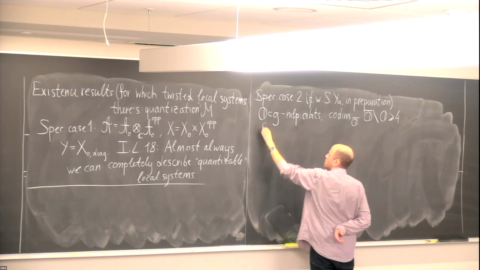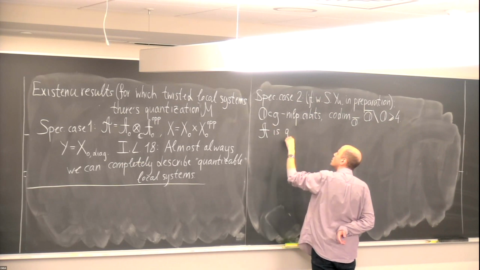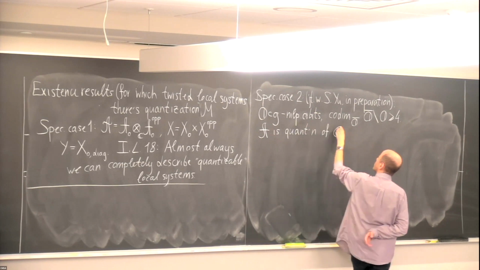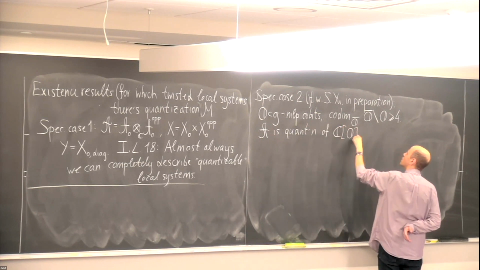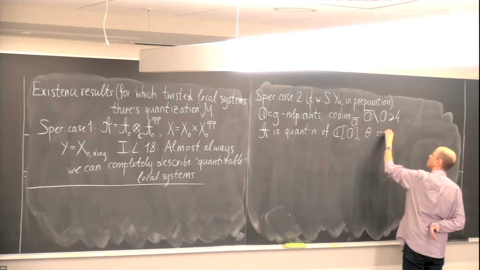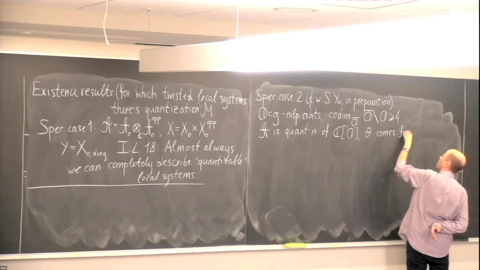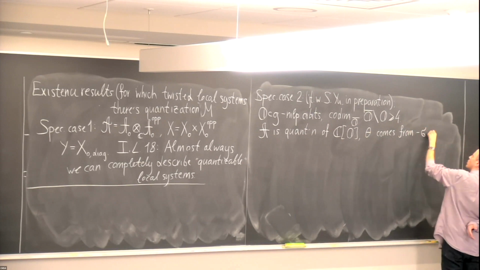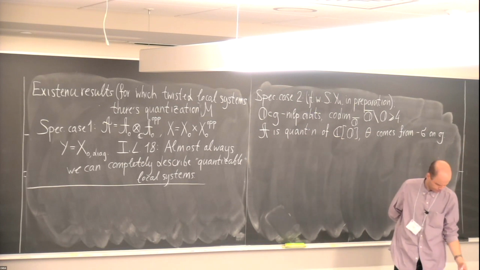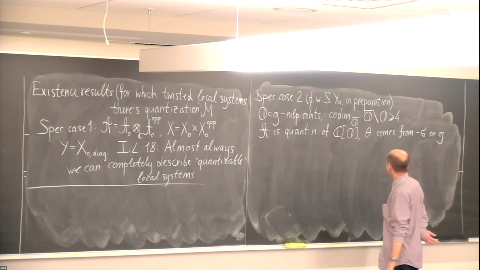And then my A is a quantization of the algebra of functions. And then my theta comes from minus sigma. So it's the classical setting of Harish-Chandra modules.